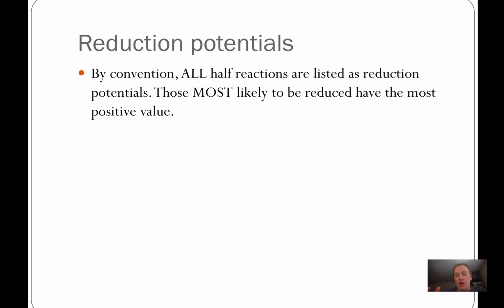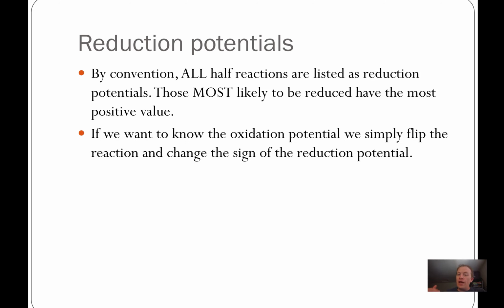One thing to keep in mind is the more positive the value is when you're talking about electric potential, the more spontaneous or the more likely it is to happen. So the more likely something is to be reduced, for example, the more positive of a reduction potential it's going to have. Now, of course, since it's redox, you can't just have a reduction, you have to have oxidation as well. So if you want to know the oxidation potential of any particular thing, you just flip the reduction potential and also flip the sign.